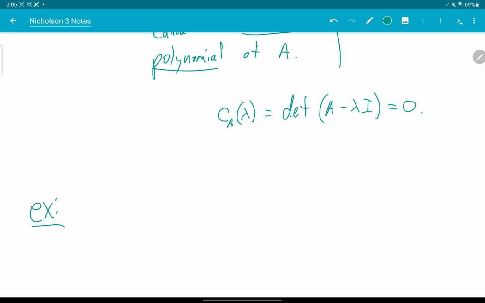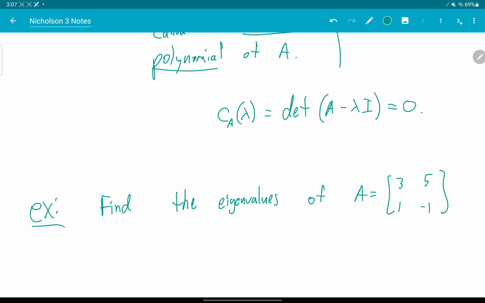In an example, so we'll say find the eigenvalues of this matrix we saw above, 3, 5, 1, negative 1. Okay, I already gave them to you above.